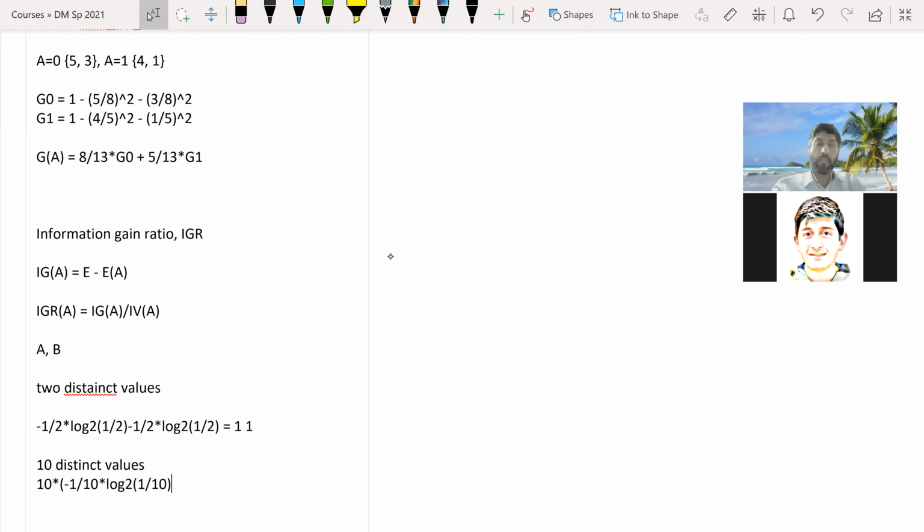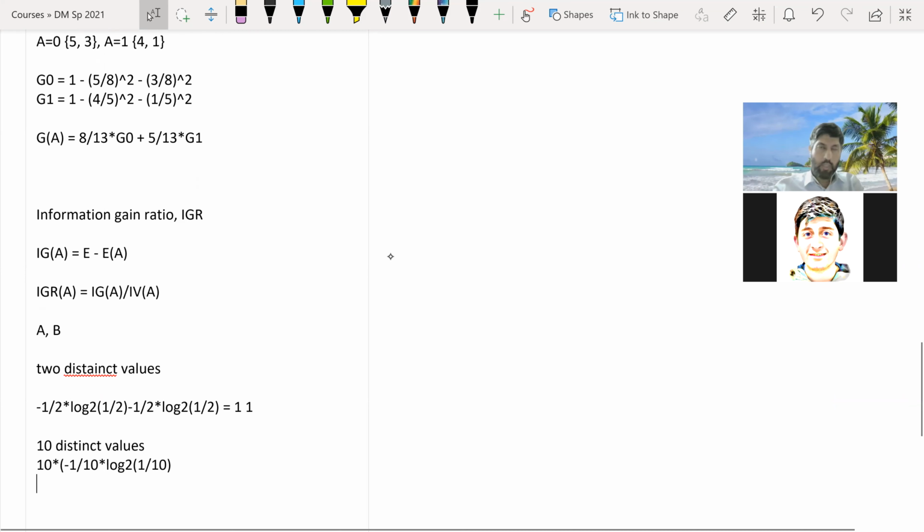So this is a larger value. So in other words, the intrinsic value that we get for an attribute that has more distinct values is higher. And given our intuition that if an attribute has more distinct values, it might unfairly produce more homogeneous splits, we use the IV of that attribute to divide our information gain.